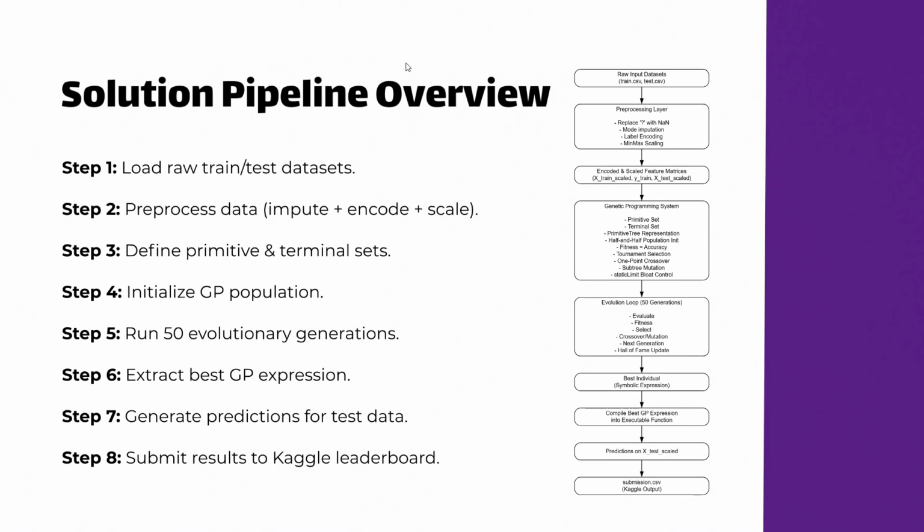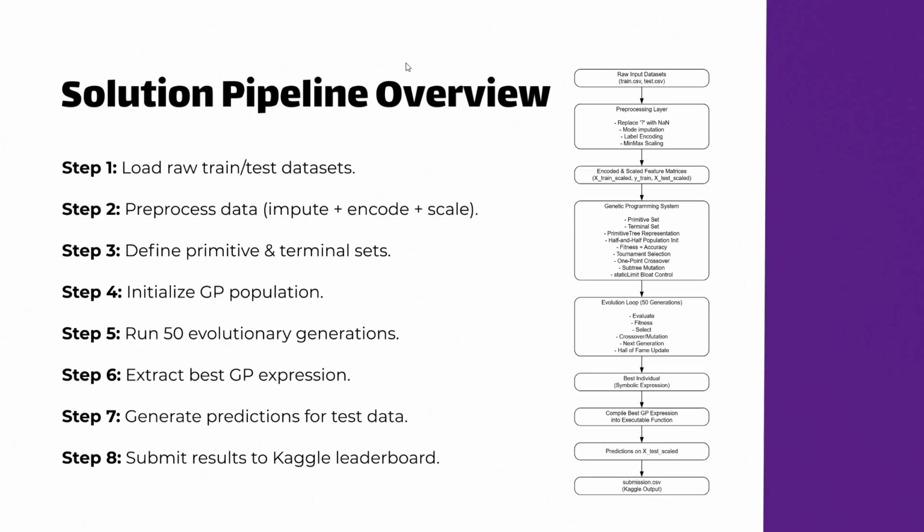Now, moving on to the pipeline. This diagram summarizes our entire solution pipeline. We begin with raw data loading, followed by pre-processing that includes cleaning, encoding, and scaling. Next, we configure the GP system with its primitive and terminal sets. We also initialize the population and begin evolving individuals through 50 generations.